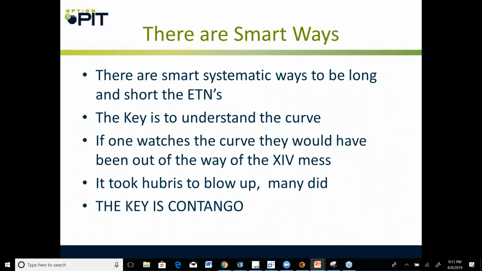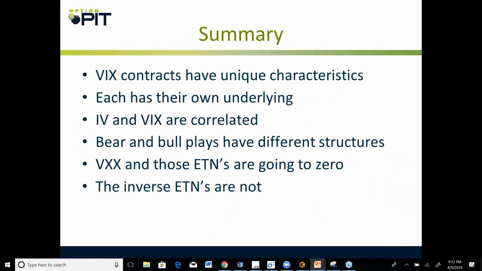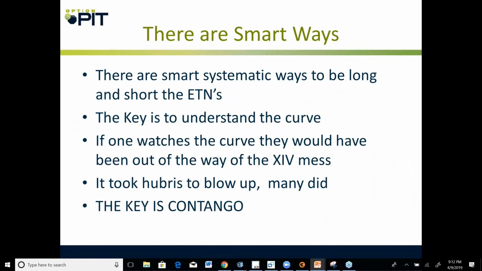The key is contango. Generally speaking, I would only be long SVXY or short VXX when futures are in a contango. If they are not, I would not be short them. That will save you a lot of pain.